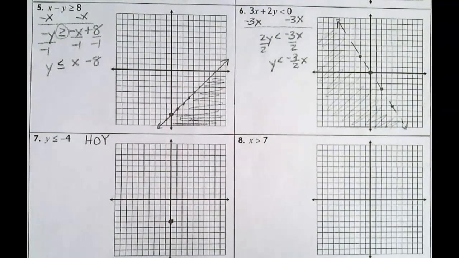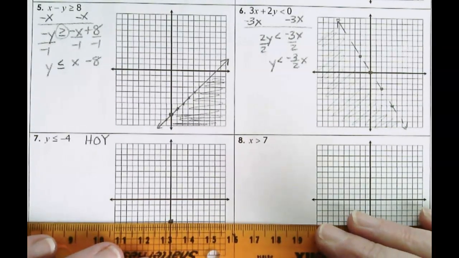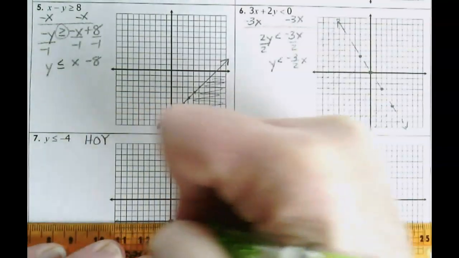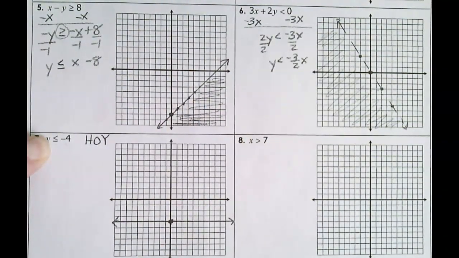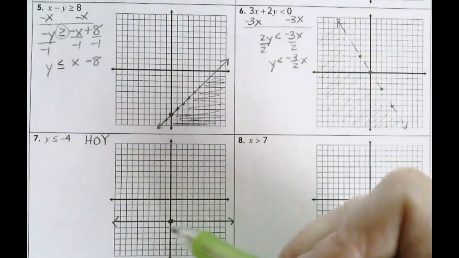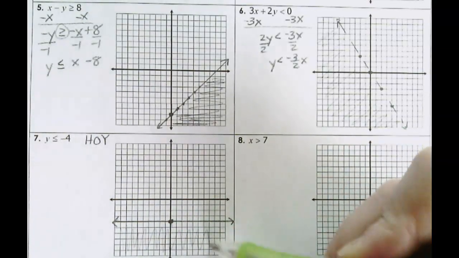And then I'm going to draw a horizontal line. Now, is this solid or dotted? We're still playing the same rules. Equal to, so it's solid. So I'm going to go ahead and make a solid line. That says less than. It's pointing at the y, less than. So less than would be this direction, so everything underneath.